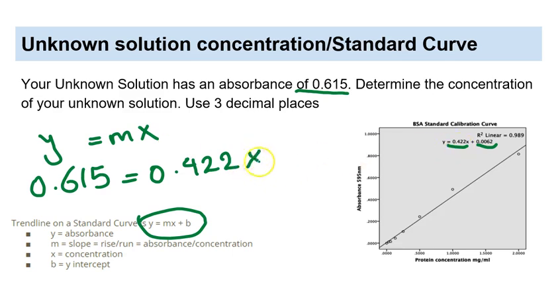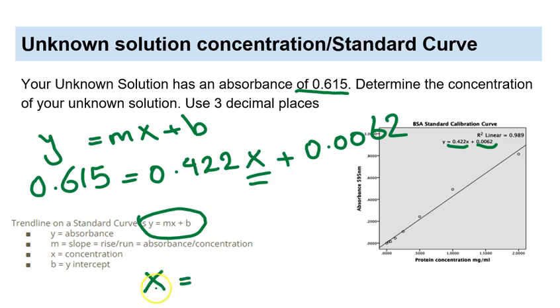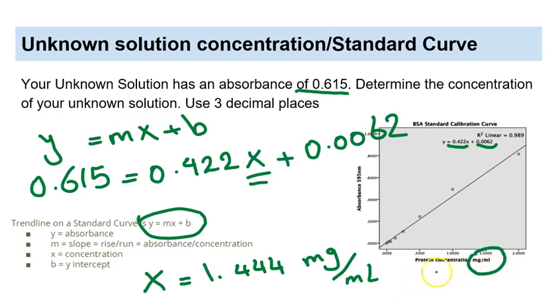We do not have the x, which we have to calculate, plus b, which is also given through the standard curve, and we are going to place this number here. Then you have to do the simple math to find x. So hopefully you found this number. So the concentration of our unknown solution would be 1.444 milligram per milliliter, because we have this unit here.